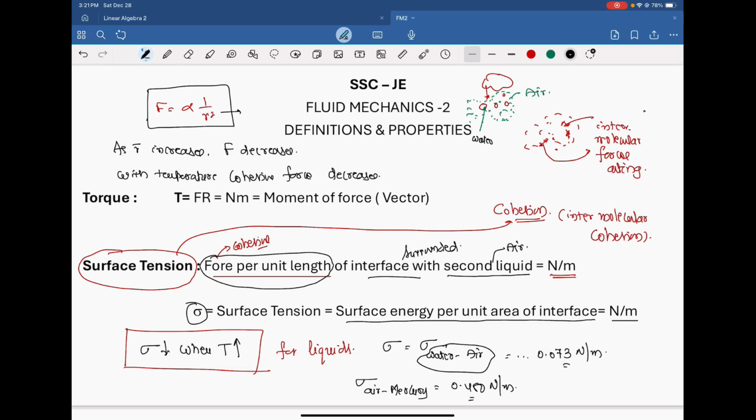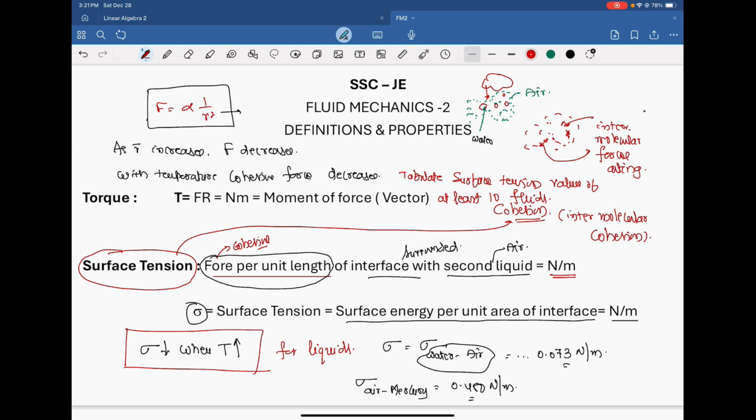Now, as a homework, you tabulate surface tension values of at least 10 fluids.